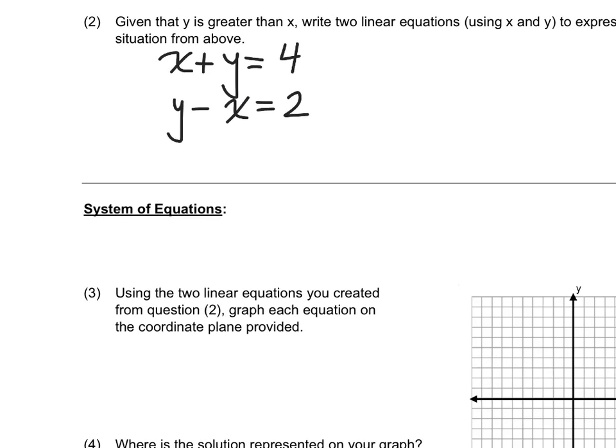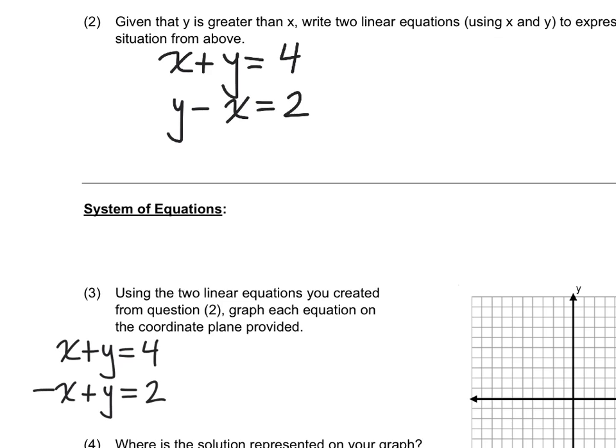I'll rewrite them down here and show you a way that not too many people would have gone about doing it, but it's actually pretty easy when your equation is given in this form. Except I'm going to write the second equation as negative x plus y equals 2, just to be consistent with the form of the first equation.